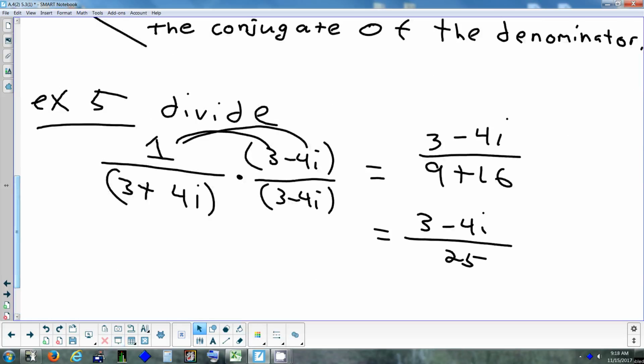Now, if you leave your answer like that, that is not standard form. You're supposed to have, like I said before, real part, plus or minus, imaginary part. You're not supposed to have the whole thing over a number. So what we're going to do is just separate it into 2 parts.